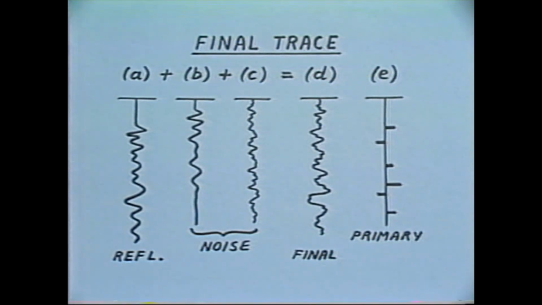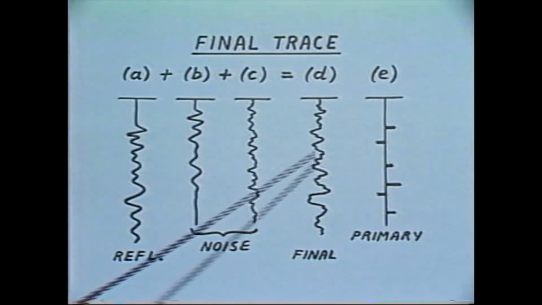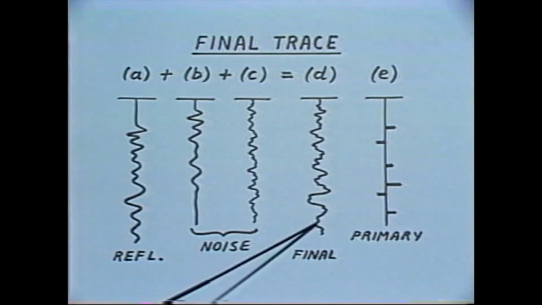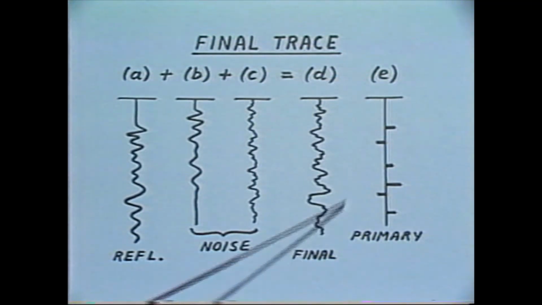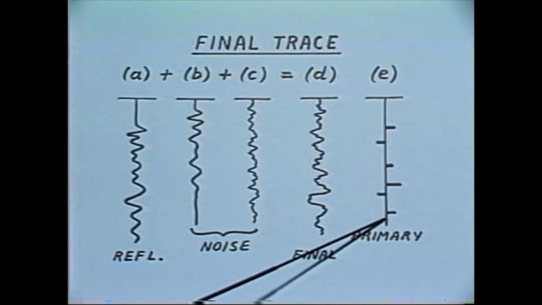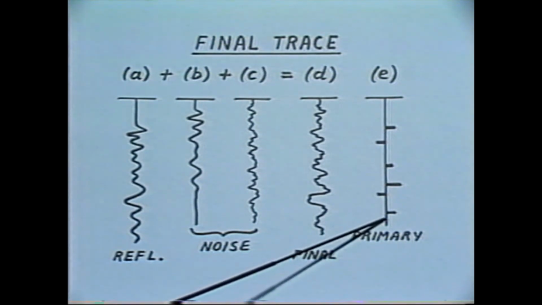So the problem that we're faced with in processing seismic data then is to transform the traces which look like this on the recordings into traces which look as much like this as possible. And the various ways in which that can be done by seismic processing will be looked at in subsequent lectures.